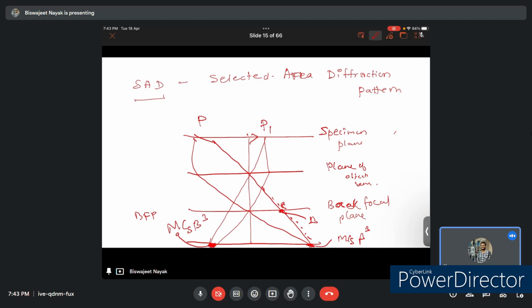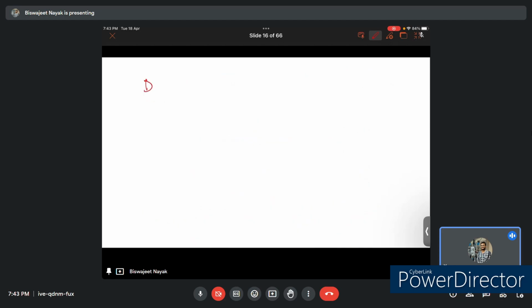So from here we can say the diffraction spot in the SAD pattern is formed at the back focal plane of the objective lens.